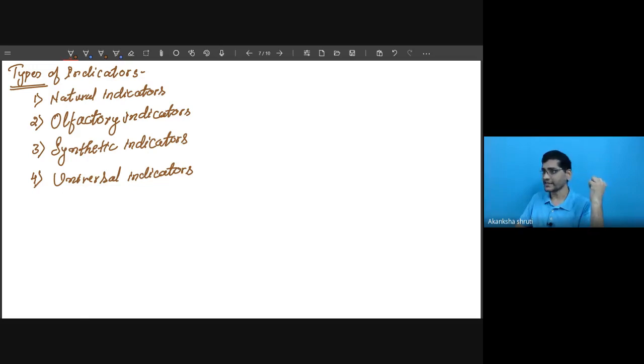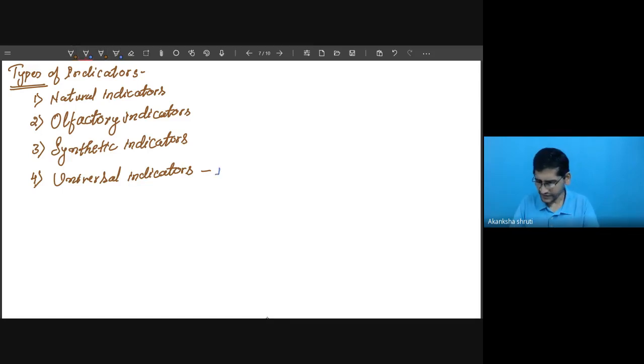Means with a strong acid, it will give the darker red color, but with a weak acid, it will give lighter red color, and with a strong base, it will give dark blue color. With a weak base, it will give light blue color. So the single chemical is able to show this entire variation. So such indicators are universal indicators. Okay, so let me write.